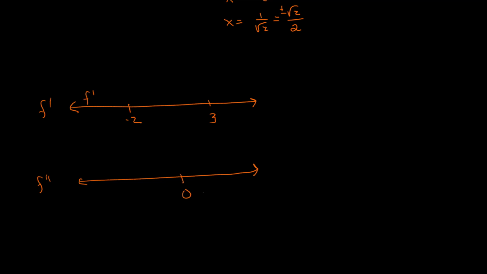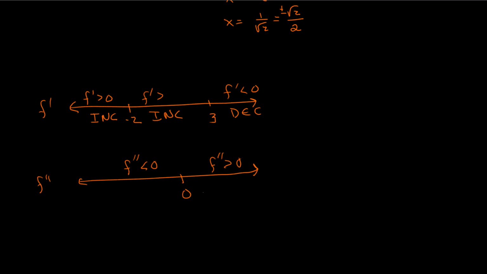If the first derivative is positive, positive, and negative, that would mean it's increasing, increasing, decreasing. Down here, the second derivative might be less than 0, and over here, the second derivative would be greater than 0.